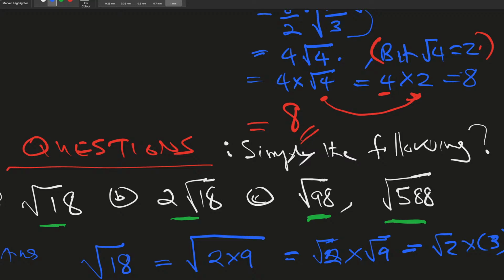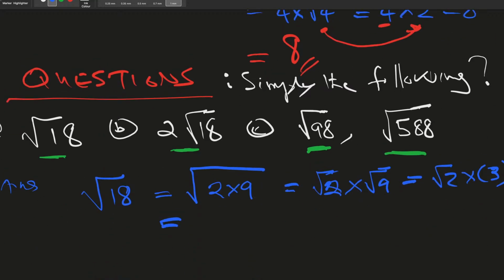Therefore, we expand root of 2 times 9 to become root 2 times root 9. Now we know the square root of 9 gives us 3, so this can be written as 3 times root 2. And this gives us 3 root 2 as the simplest form.